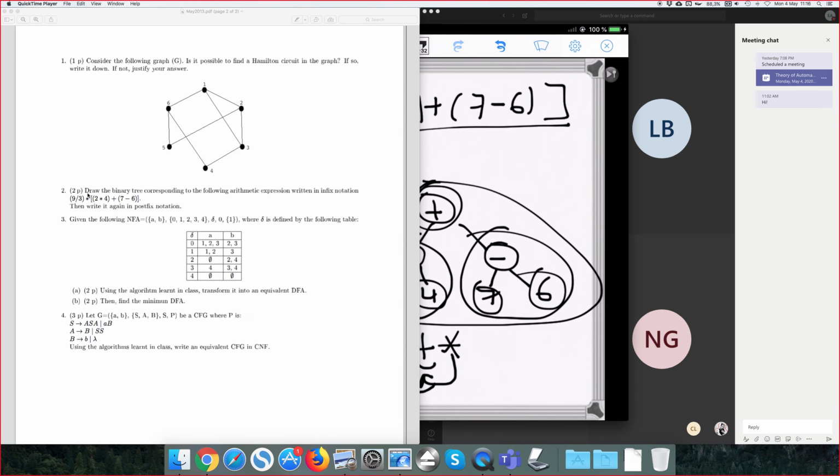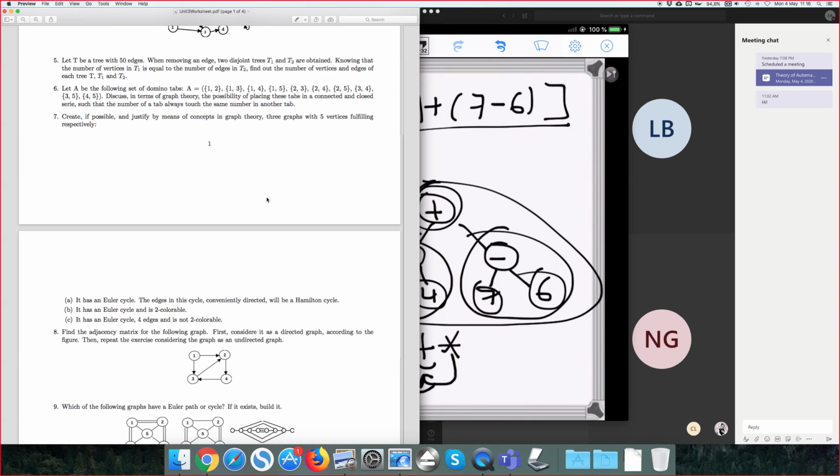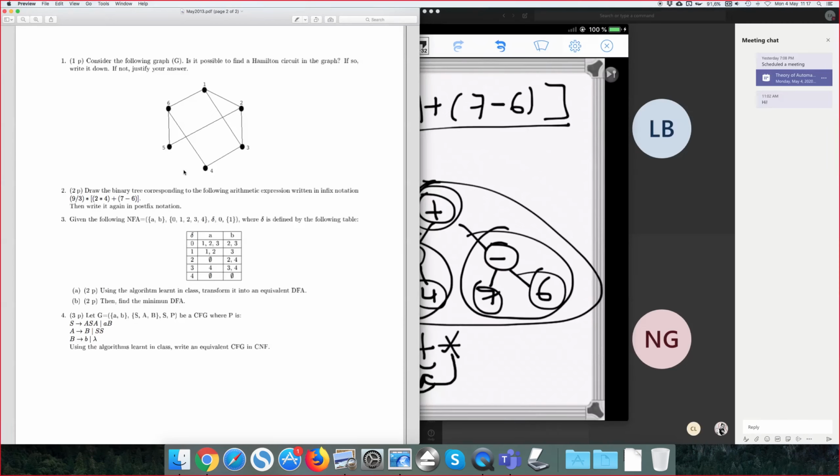Okay, so now I can either solve the rest of the exercises in the exam, or I can move to the worksheet and solve some more exercises about graphs. What do you prefer? What do you want me to do?